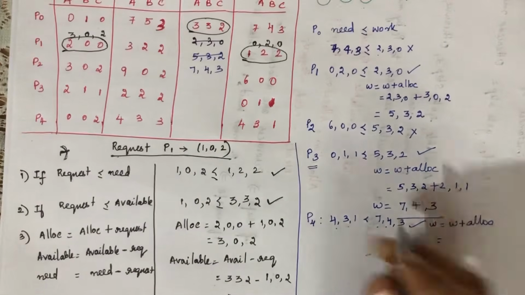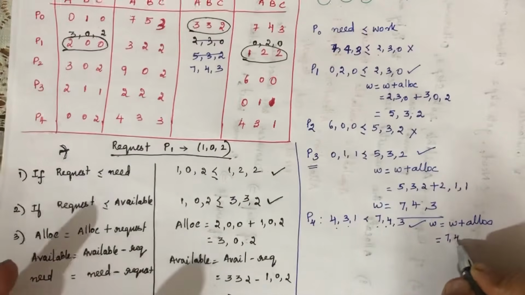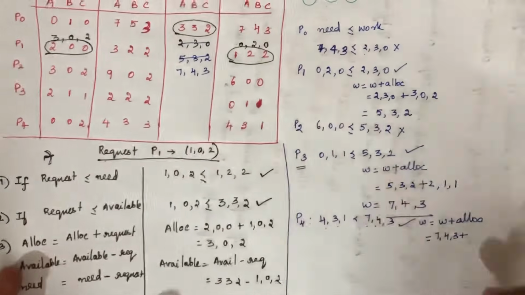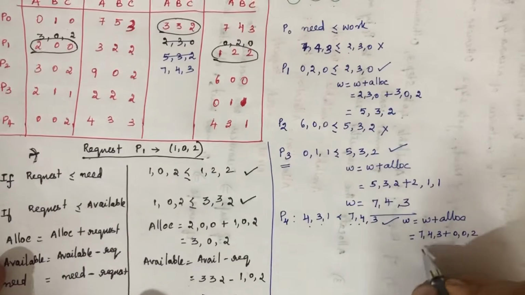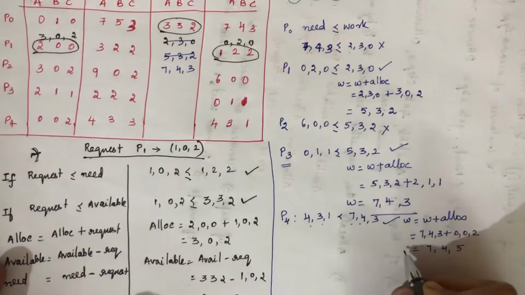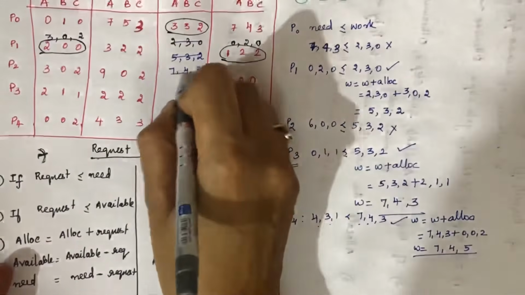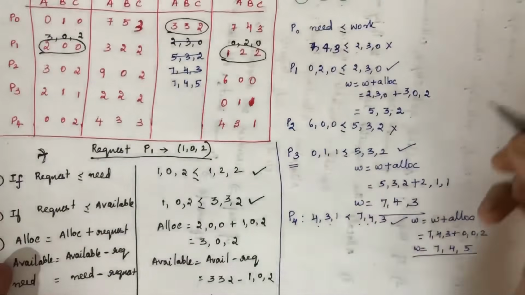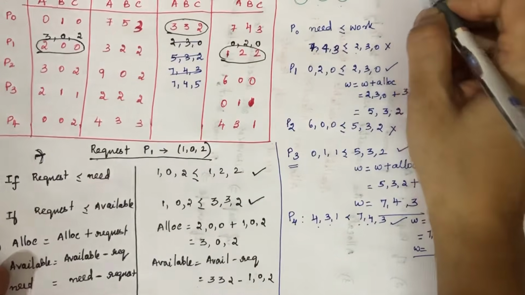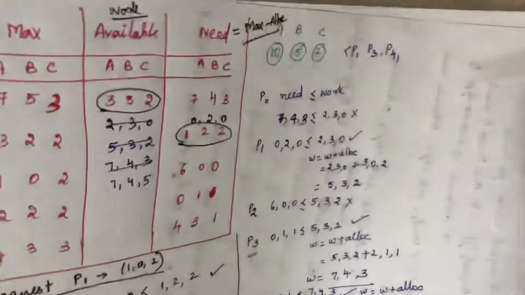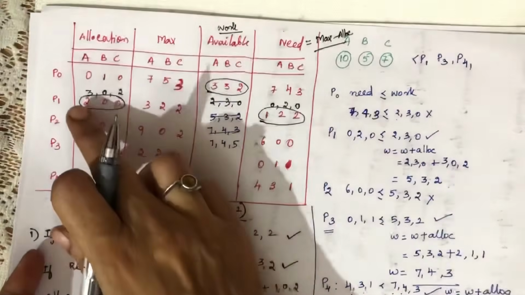The work value is 743, plus the allocated value for P4, which is 002. That will be 745. That is the new work value, so we change this value to 745. We will add this to the safe sequence: P1, P3 and P4.